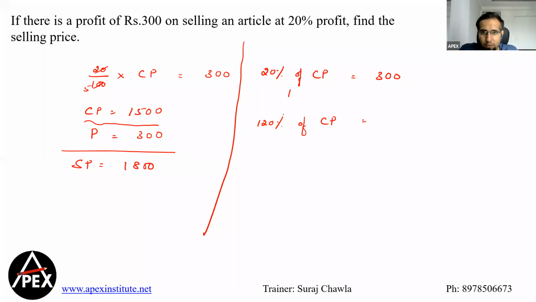So 20% of CP into 6 will give me 120% of CP. So can I say my required answer is gonna be 1800? So I need not waste my time in calculating cost price. Clear, subtle things to remember while calculating, guys. Okay, let's move to the next one, please.